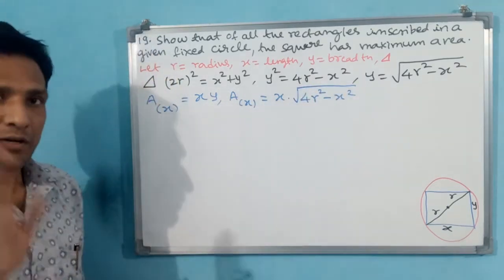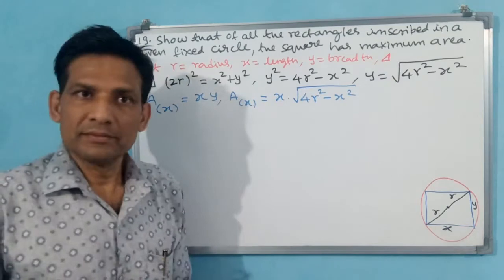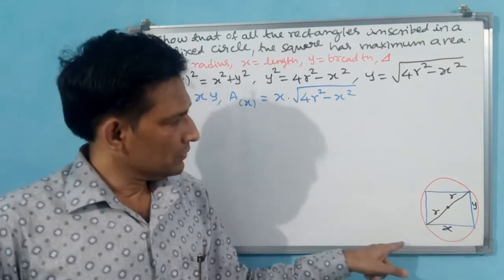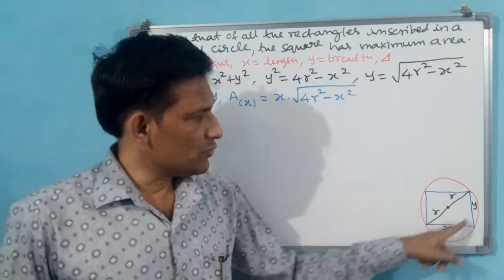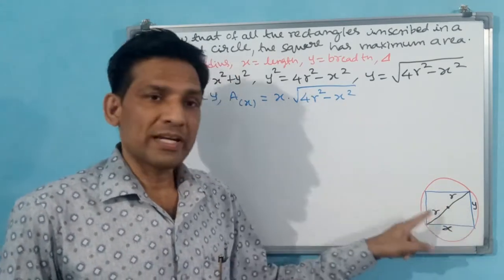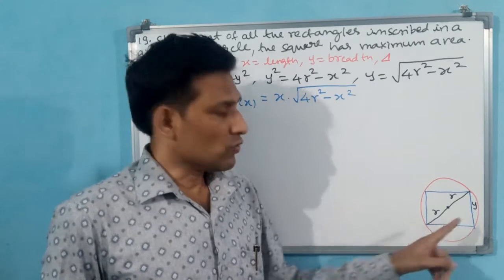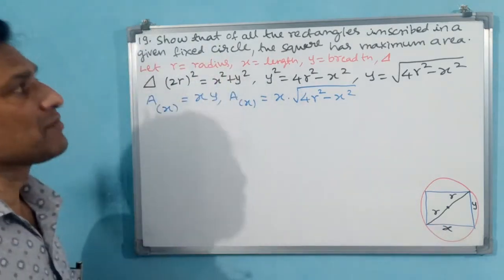Okay. Now you stop. Until now you understand the figure also. Okay. See, we have not yet proven x is equal to y. If you prove x is equal to y, automatically this inside will be a square. Square only having maximum area.